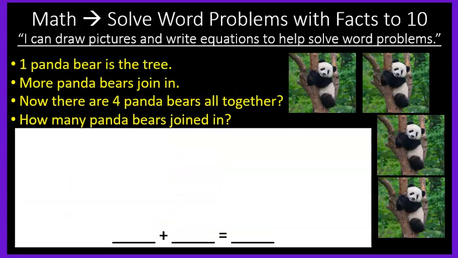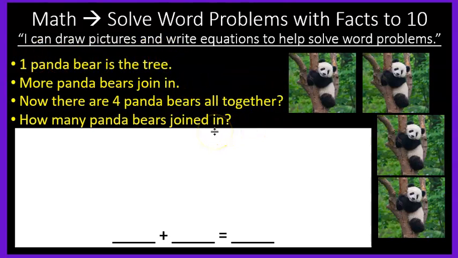Once you get your paper and pencil, here is your math homework. I want you to copy this down onto your paper. Your title and your I can statement, okay? Copy those 2 down first. Once you copy those, I want you to copy all of this that's in yellow.